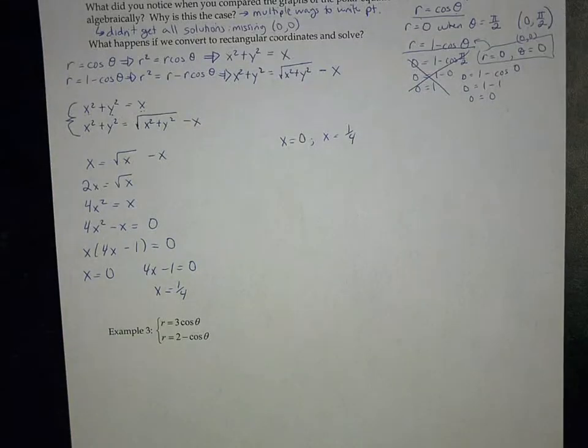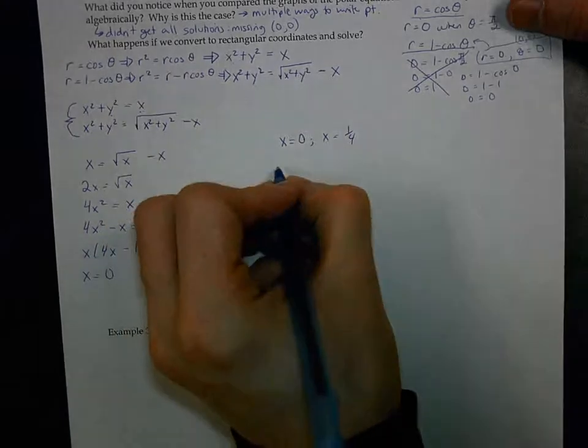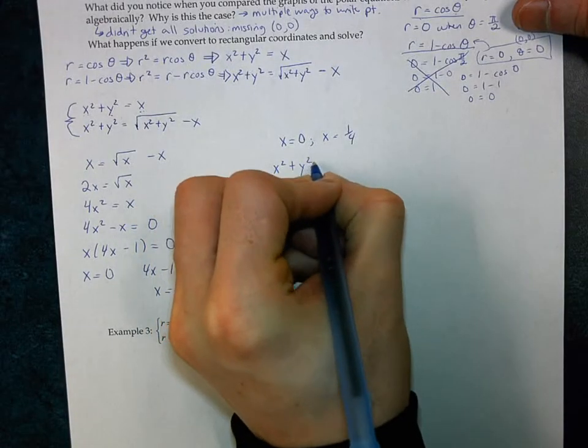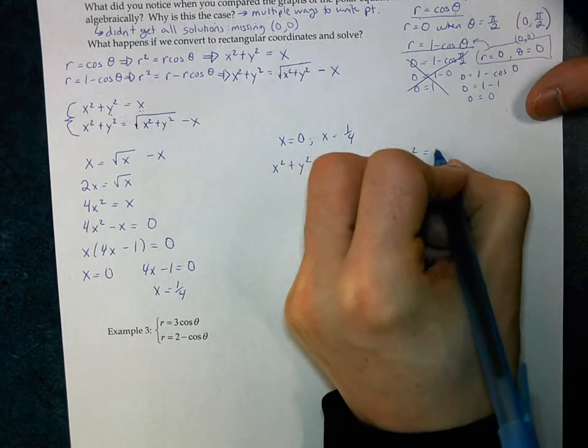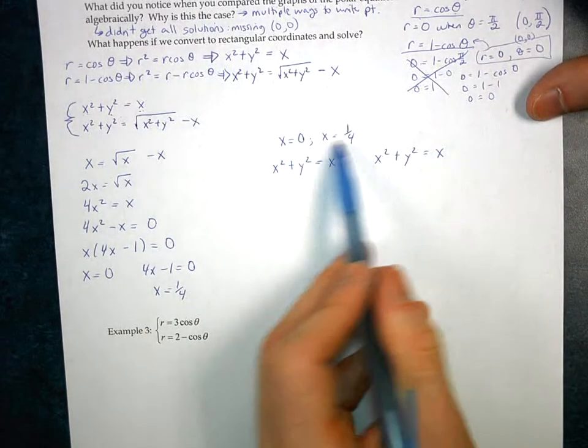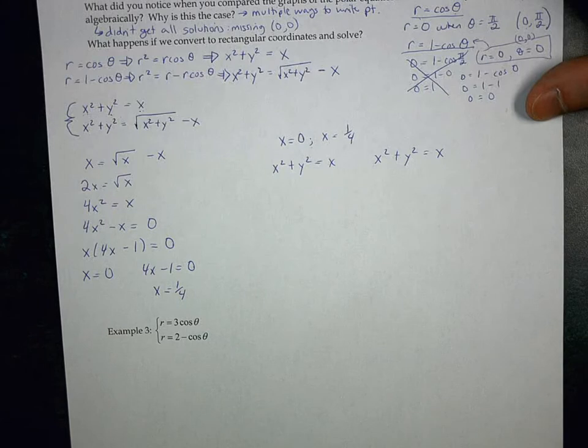So what I've got to do now is plug that into one of my original equations. And the easier one to plug into is going to be the first one. So x squared plus y squared is equal to x. I'm going to plug in both of these x values to find their corresponding y values.